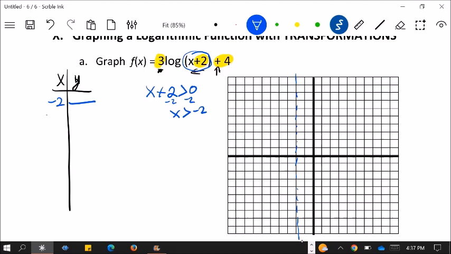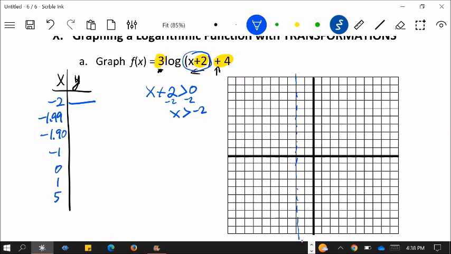So I am going to get very close to it, negative 1.9. And actually, I want to do negative 1.99. Negative 1.99 is very close to negative 2. Negative 1.90 is also close to it, but not as much as 99. And then I'm going to put negative 1.01, and I'm actually going to put 5 up here. But it actually doesn't matter.